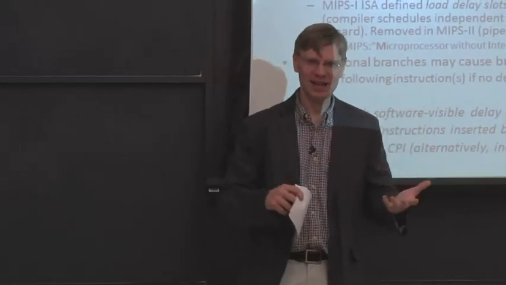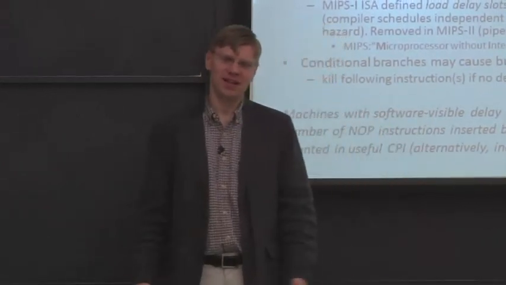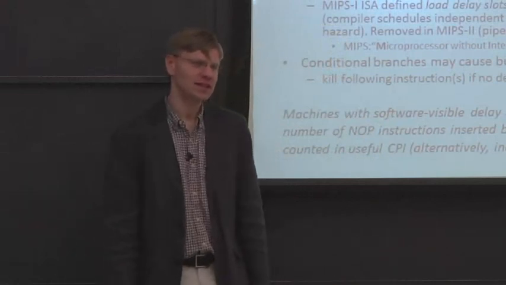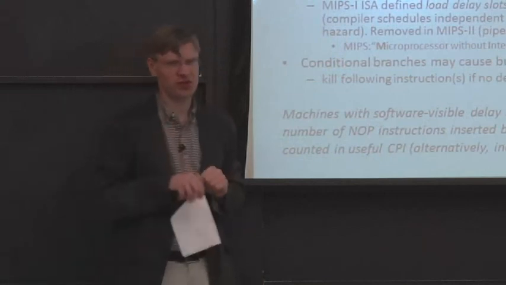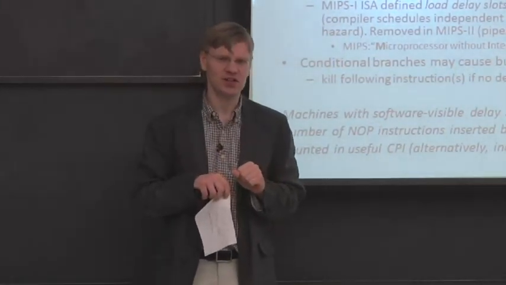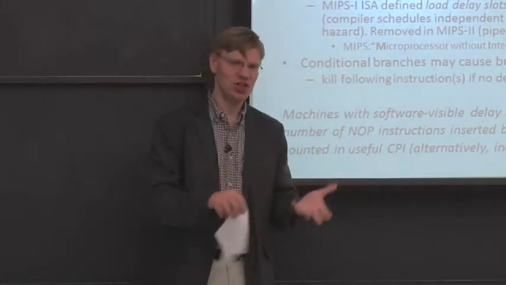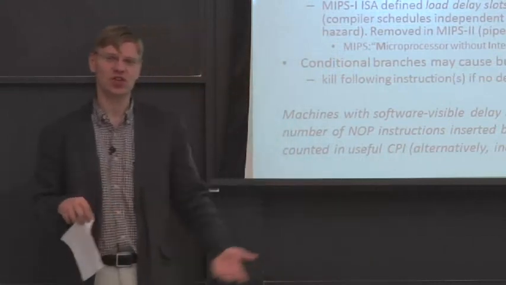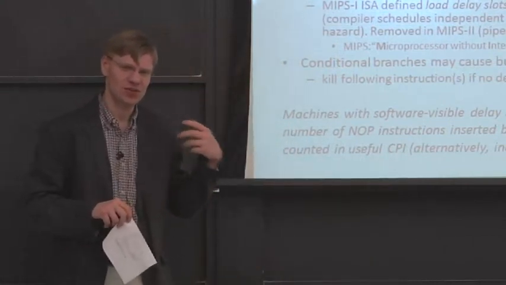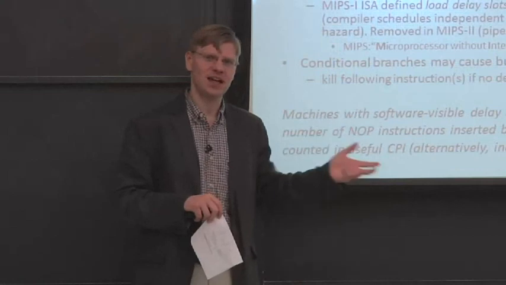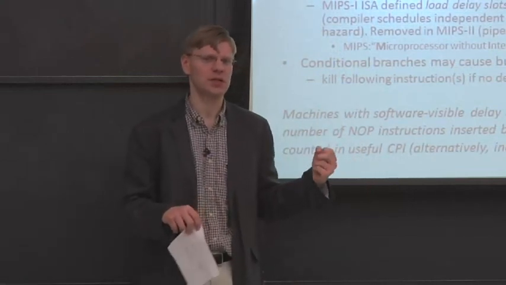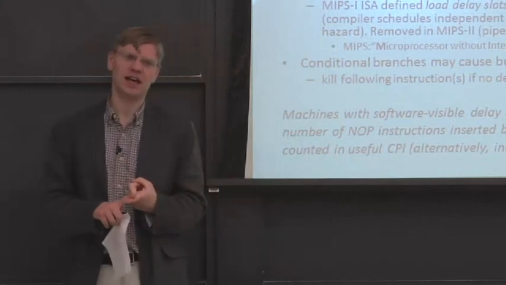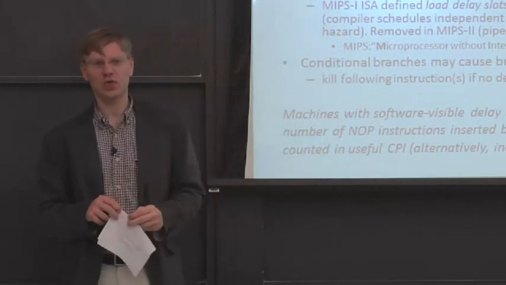So if you are adding no-ops to your program and the no-ops are not doing anything useful, that should not go into your useful CPI calculation. Your machine might count that as valid instructions going down the pipe because they were software visible instructions, but that's not a good solution. When computing CPI, you should always be thinking about useful CPI, or CPI that's actually towards the end goal of the program.